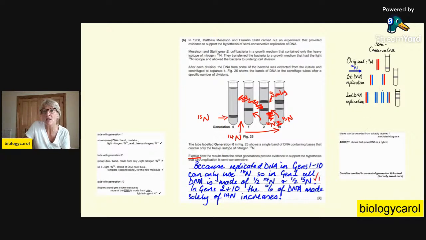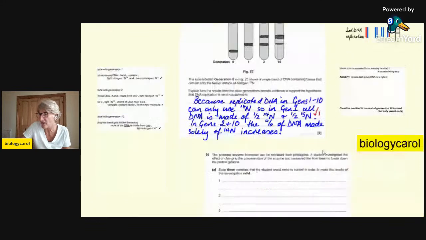So does it make sense that the proportion of DNA molecules made up of only 14N increases as the number of generations increases? Do have a look. I've got a video explaining the Meselson-Stahl experiment, which I've lifted this from. So I hope that kind of helps.